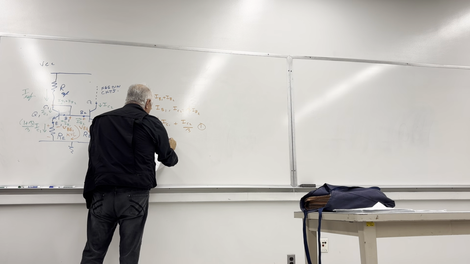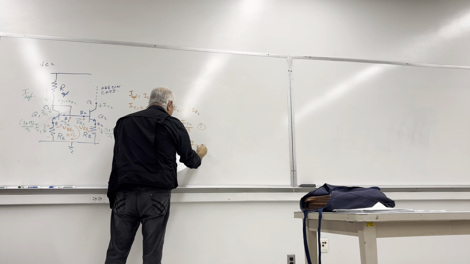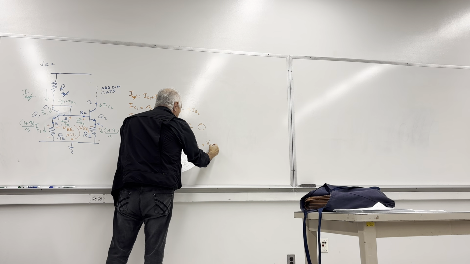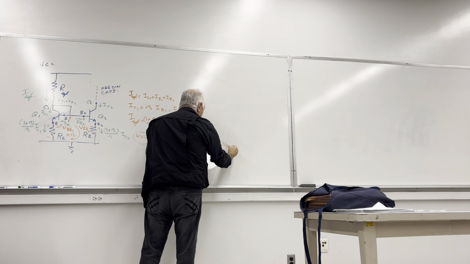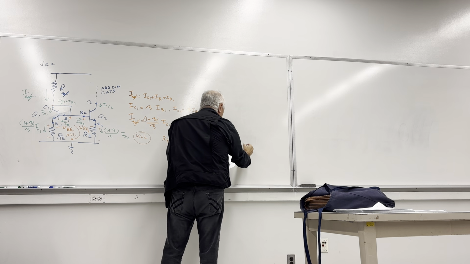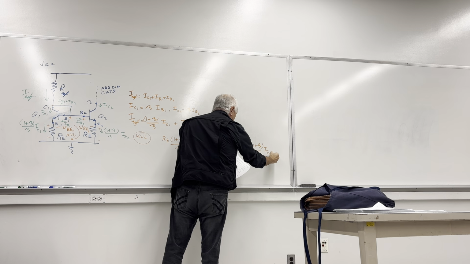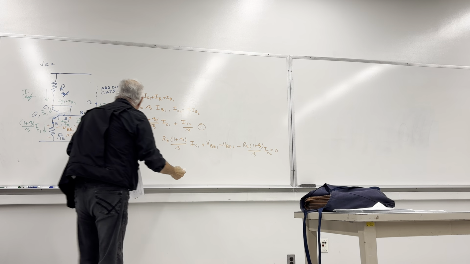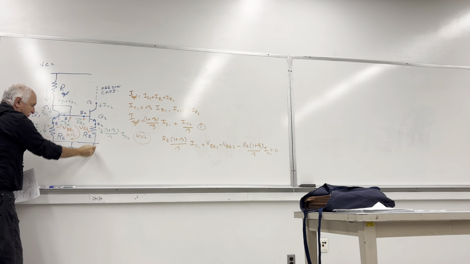That is RE times 1 plus beta over beta IC1 plus VBE1 minus VBE2 minus RE times 1 plus beta over beta times IC2 equal to 0. That's just the KVL. It's this voltage plus that voltage minus that voltage minus this voltage.